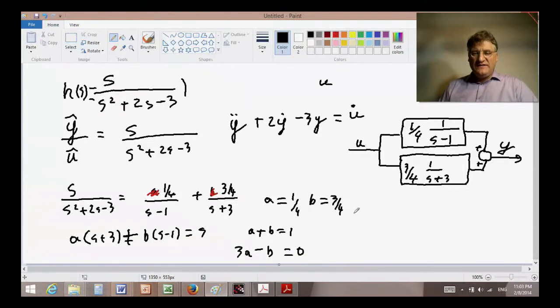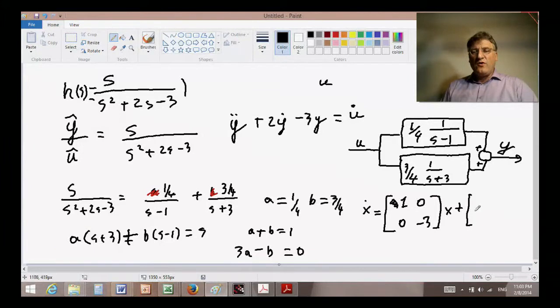Under this case, an easy transfer function state space representation would be x dot is equal to [1, 0; 0, minus 3] times x plus [1/4; 3/4] times u, and y is equal to [1, 1] times x.